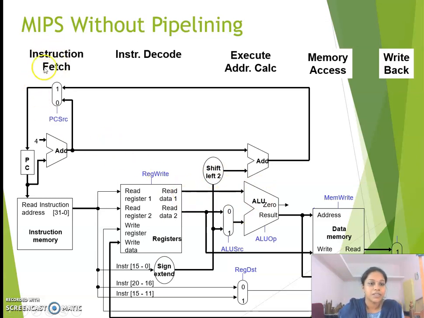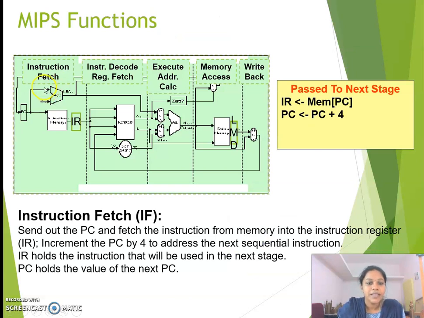So let us see what is happening in the instruction. Let us see what is happening in each and every stage one by one. So first, what will happen in the instruction fetch stage? The program counter will have the address of the current executing instruction. So we take the address of the instruction that is to be executed, we go to the instruction memory, we pick the instruction, and we store it in the instruction register which is inside the processor.